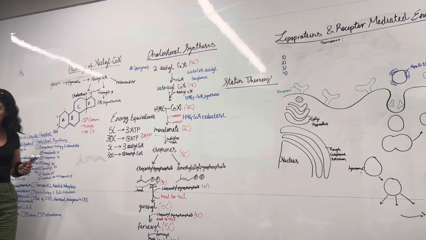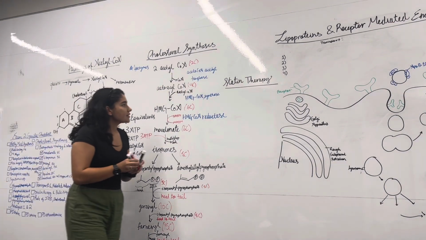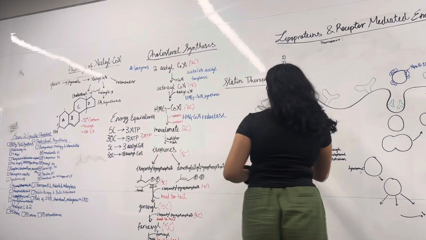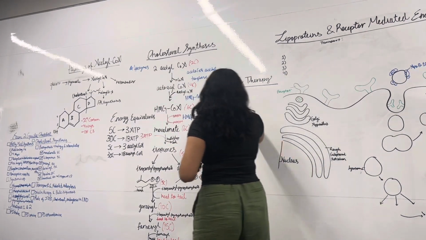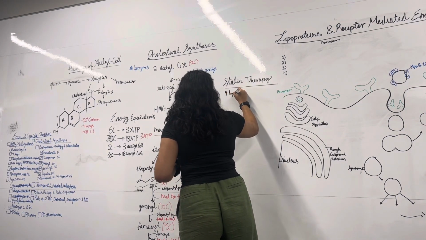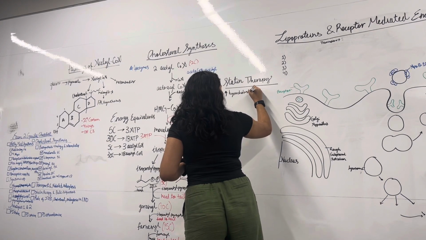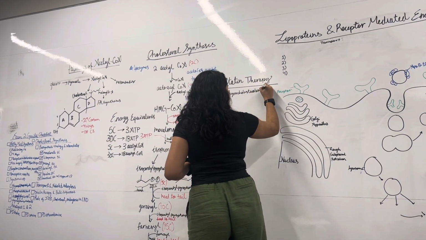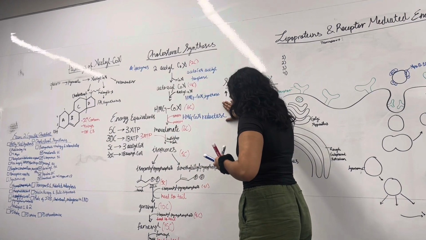The only enzyme that he specifies is the HMG reductase, right, because that's the one that is going to be subject to our statin therapy. Basically, whenever you have high amounts of cholesterol, called hypercholesterolemia, this is going to be the subject of inhibition, right?